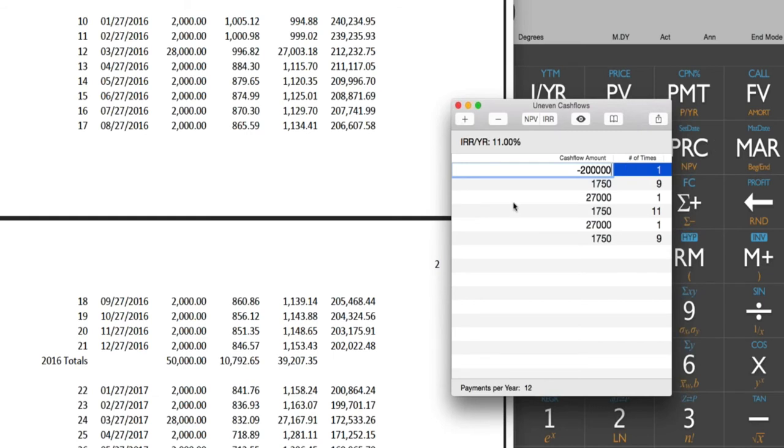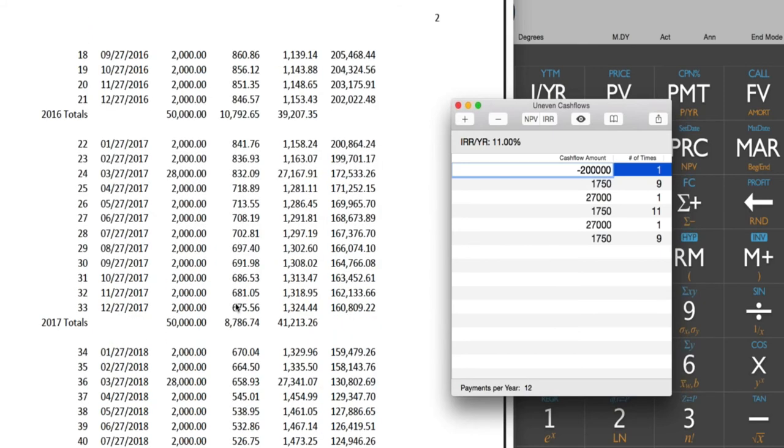I'm trying to go from now, because this is 21 months from the original note, but we only have 19 left because 2 payments have already come in. So these have to equal 19. I've got too many here. Oh, because I'm at the wrong one. 19 plus 12 is 31 payments total.